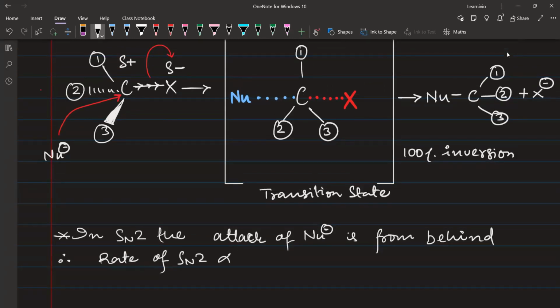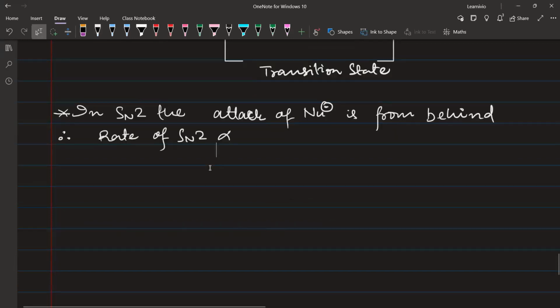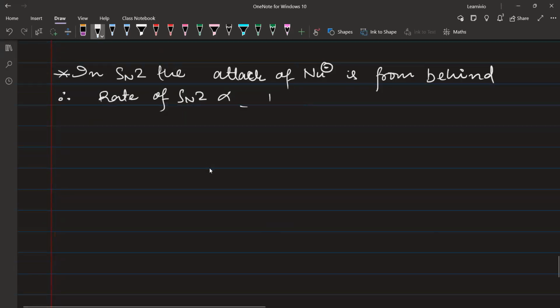Alpha carbon कौन सा होता है? This carbon atom is attached with halogen. This halogen is the main functional group that we are having here. This carbon will be now alpha carbon, the most important carbon atom. If 1, 2, and 3 are small, then the nucleophile can easily navigate and it can attack the carbon atom. But if 1, 2, 3 are very large, then in that case, nucleophile will not be able to get inside that cone, the blank cone, because of the bulky groups, and the reaction will be slow. So rate of SN2, because it is happening from the behind, it is inversely proportional to bulky groups on alpha carbon.